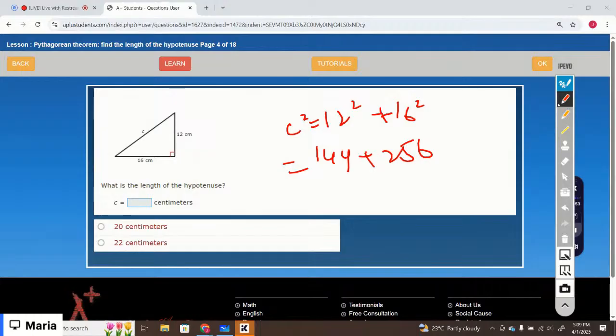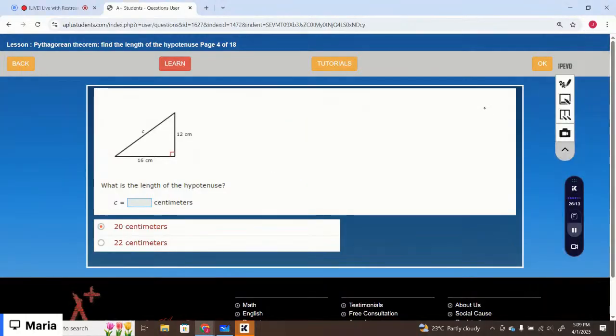So let's just add them and evaluate: 256 plus 144. C equals 20. The correct option is 20 centimeters. Option number 1 is the correct option.